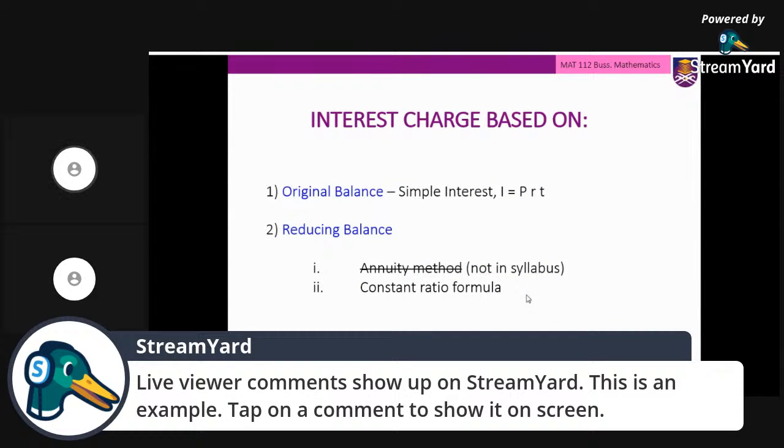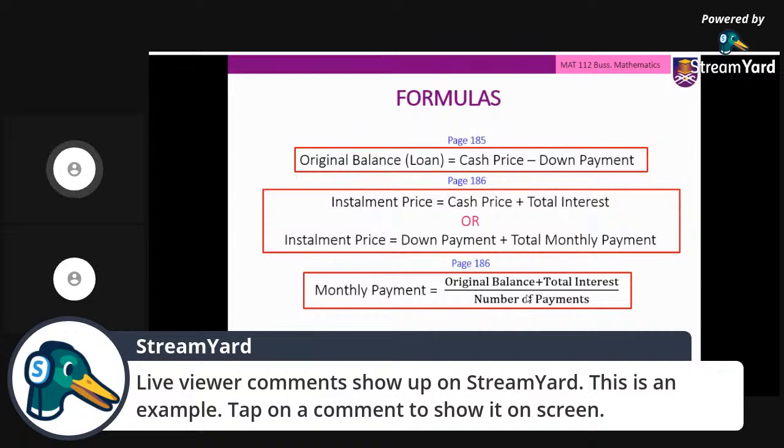So the first one we have is the original balance, or amount of loan. Original balance here means amount loan yang you buat. Let's say you ada buat down payment, so balance yang you hutang tu kita akan panggil original balance, which is cash price minus down payment. Cash price is the price of the item.